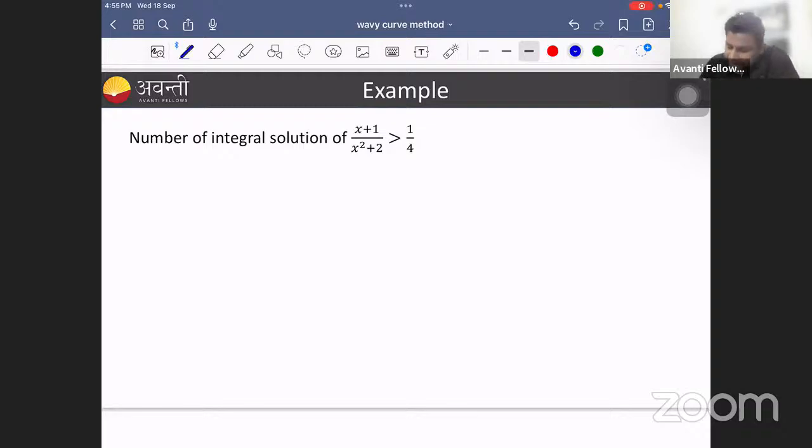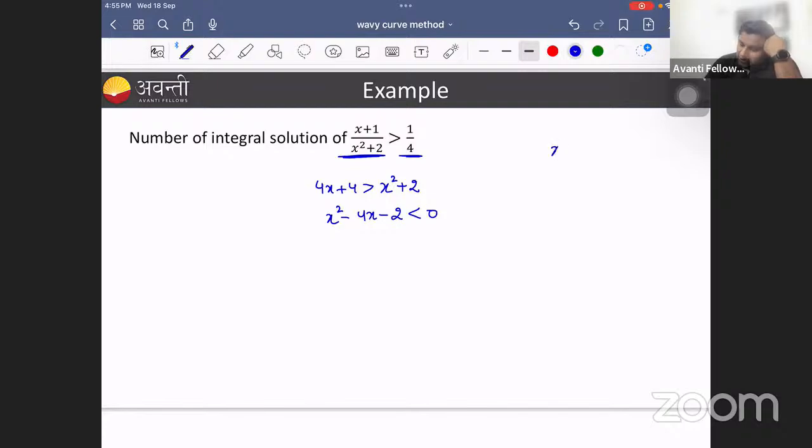Now see, x square plus 2 is always positive, 4 is always positive. So there is no harm in doing cross multiplication. So 4x plus 4 is more than x square plus 2. So x square minus 4x minus 2 less than 0. But now we are not having any fancy roots, I should say.